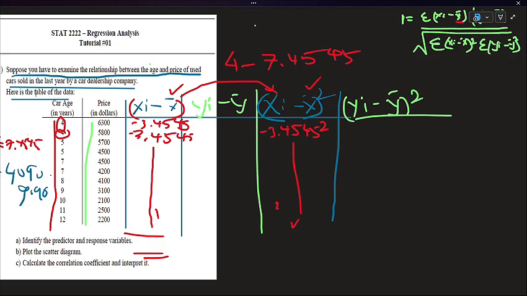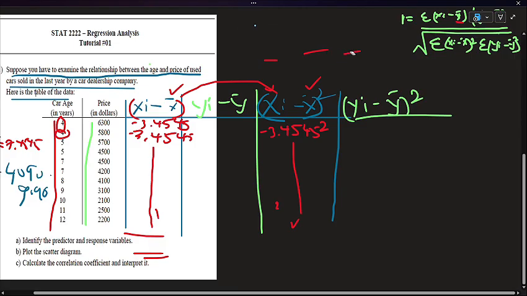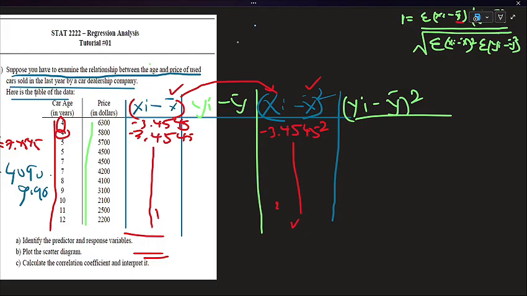We already took y bar as 4090.9090. If we take the first value of this y column, 6300 minus 4090.9090, after calculating this difference you put that value in the same way here, right?